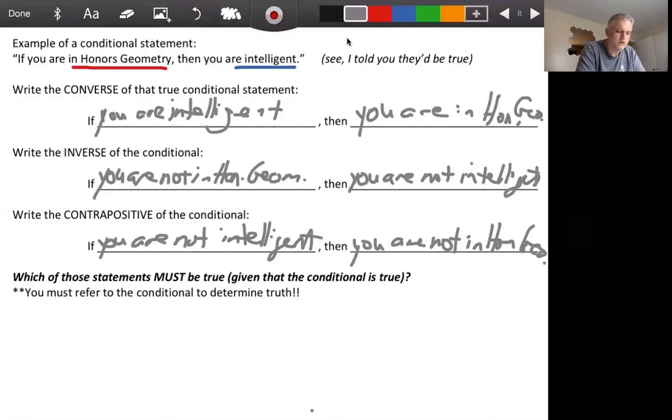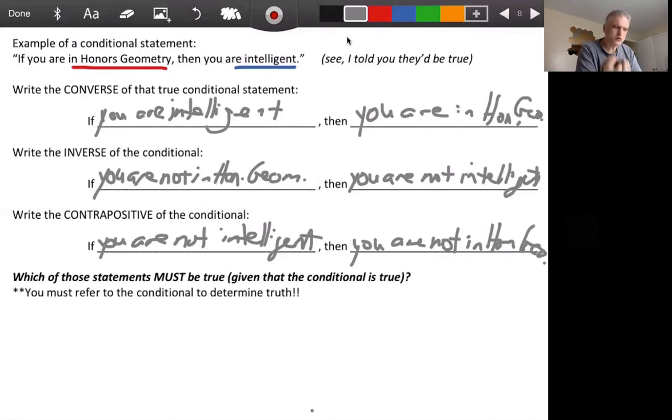Okay, so vocab that you need to know: conditional, converse, inverse, contrapositive. Okay, so now that you know those, question: which of those statements must be true if we are assuming that the conditional is true, which we are? Okay, so let's think about it.